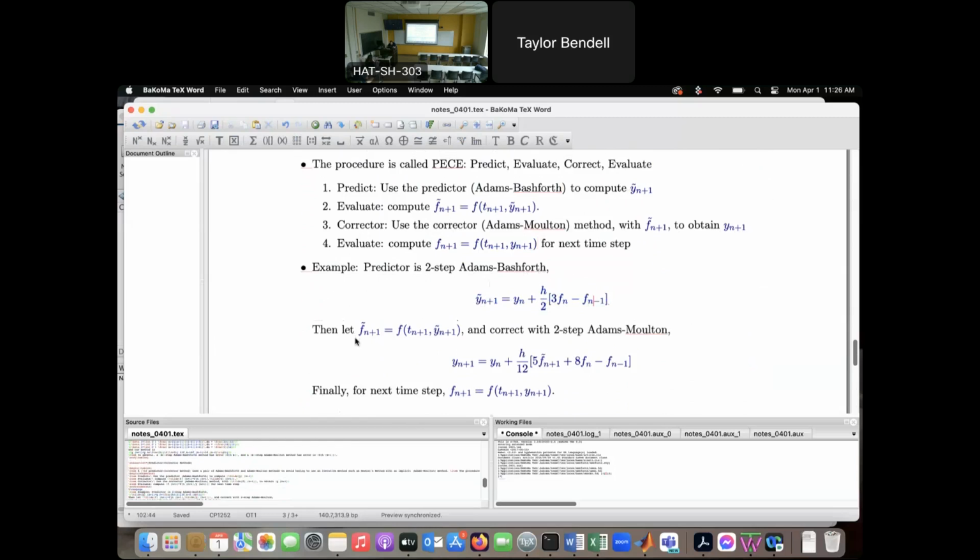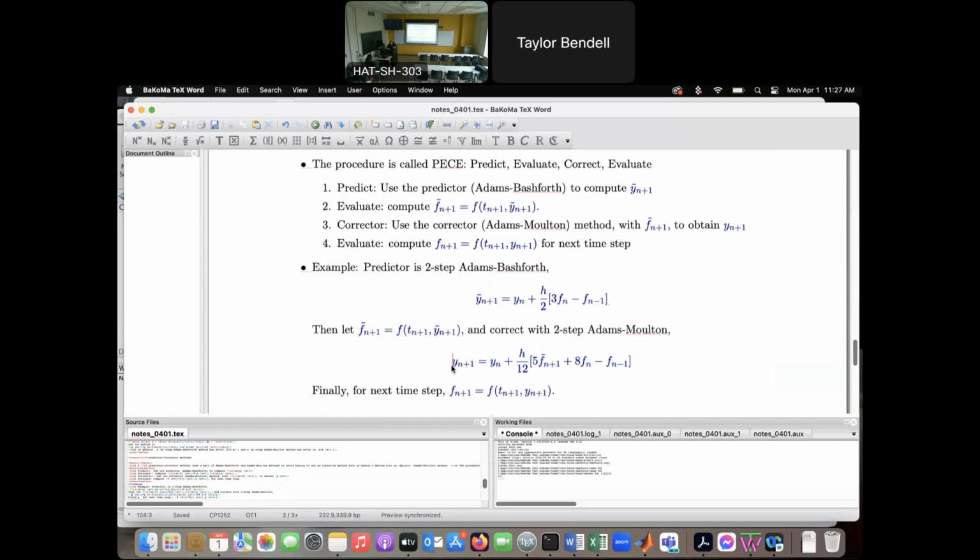I get my f tilde n plus 1. And now this is my 2-step Adams-Moulton method, the implicit method. So normally you have f n plus 1 here, but you don't normally have it. But I do have this, so I substitute it in here. Yes, there is some error in there, but there's error anyway. If I work this out, I get my y n plus 1 value, and so now my solution is up to date.